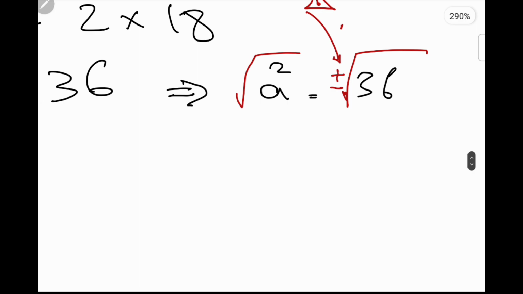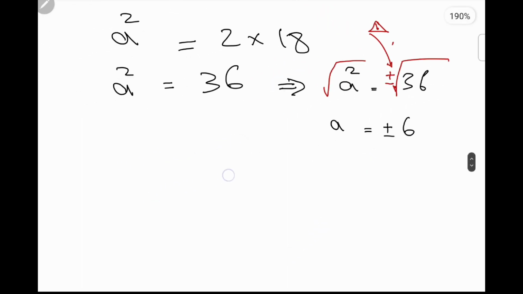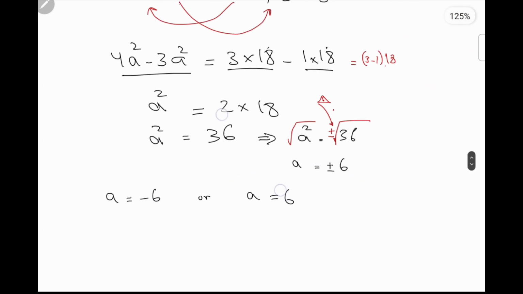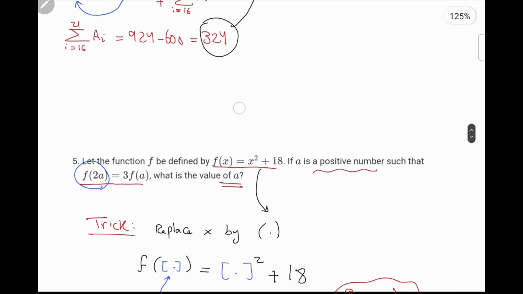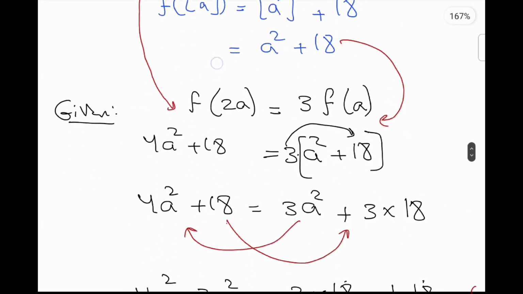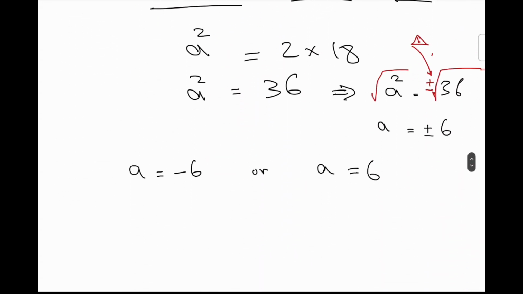In this case we have root a squared is a, equal to plus minus 6. So we have two solutions: a equal to either minus 6 or a equal to 6. But in the original question, it says that a is a positive number. So there's a condition on a. Therefore, minus 6 is not accepted, and that's the final answer.